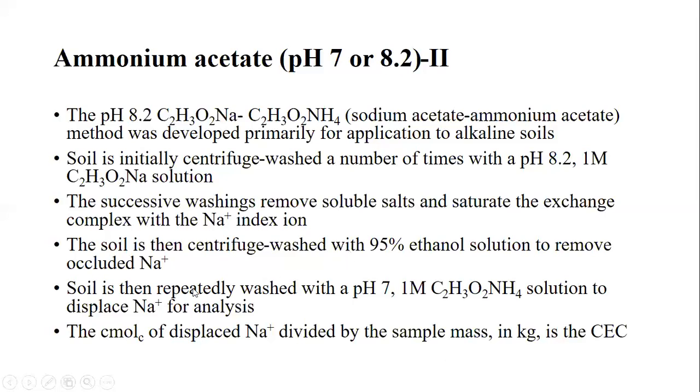How do we remove it? We remove it with ammonium acetate. The ammonium will be strong enough to replace the sodium and get it out. Every time we repeat the process, we collect the sodium. We don't throw it away because we are going to determine how much sodium we have. That will represent the CEC of the soil.